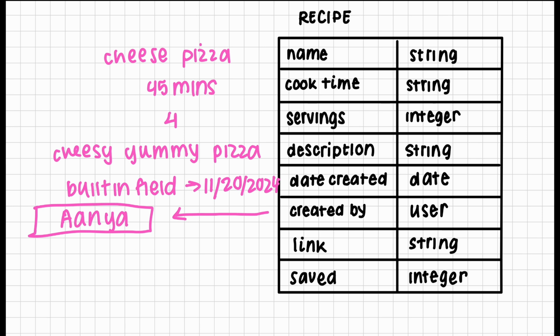Some sort of link to see the steps of the recipe. You can see that we don't have that included anywhere. This can just be an arbitrary link, www.google.com. And then number of times it's been saved, let's say 4.